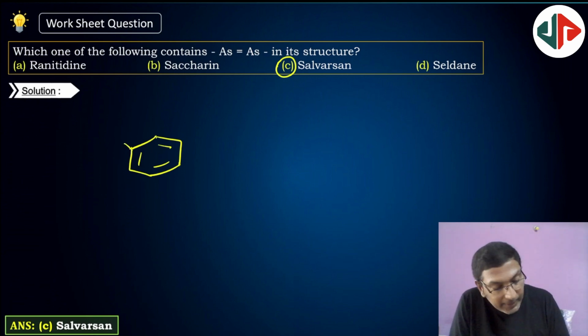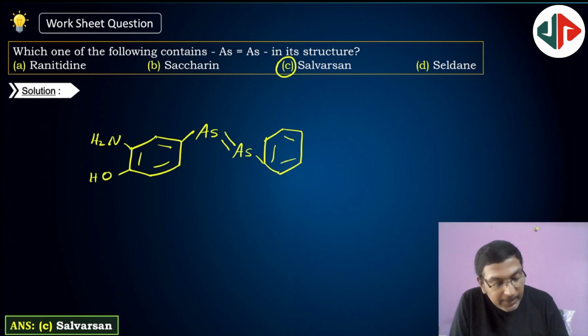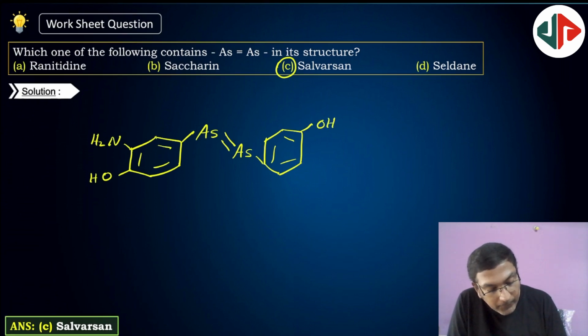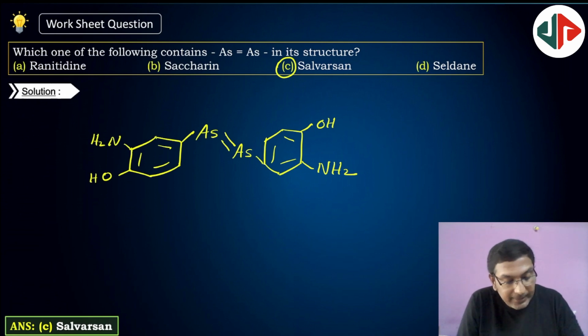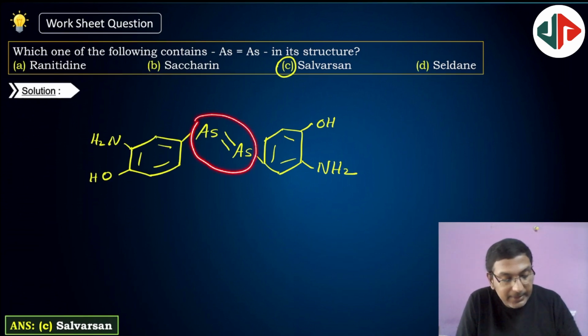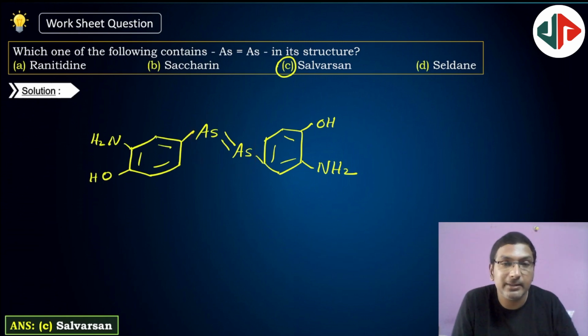Benzene, here NH2, here OH, As double bond As, benzene, here OH and NH2. As linkage is present here. As linkage. This is the structure. Salvarsan. Next.